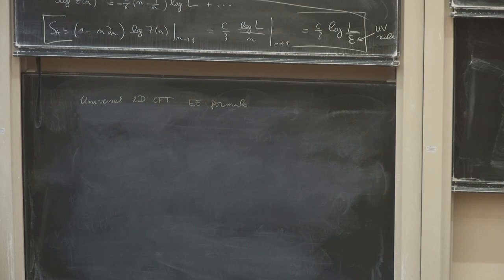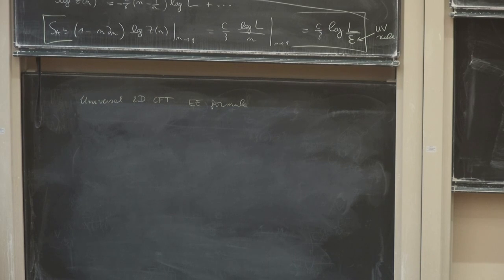Maybe I'm mincing my language. What I mean is, if you have dz dz bar and you're on the complex plane, and then you do a conformal transformation, you would expect that your stress tensor would pick up the Schwarzian part, right? This extra piece. Yes.